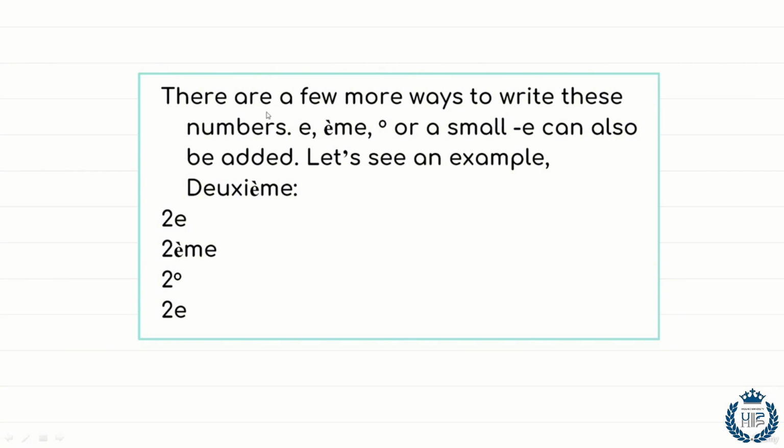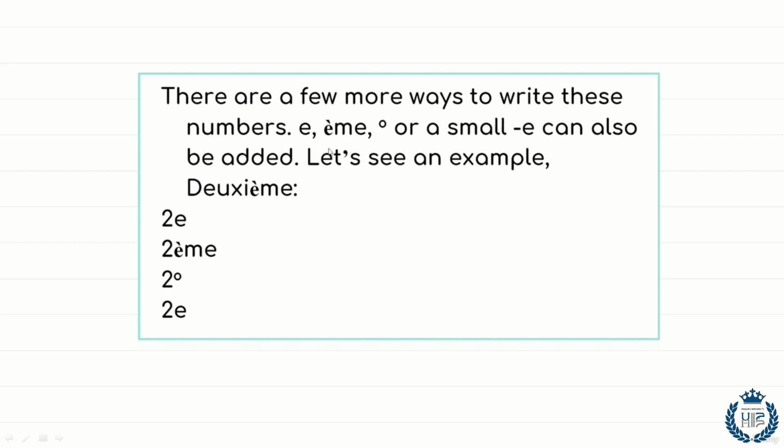Last but not least, there are a few more ways to write these numbers. So, let's take into consideration this deuxième. When it's in the written form, you can also write it like that. When you're saying the word, it is always deuxième. But when you're writing, there are 4 different ways of writing that.